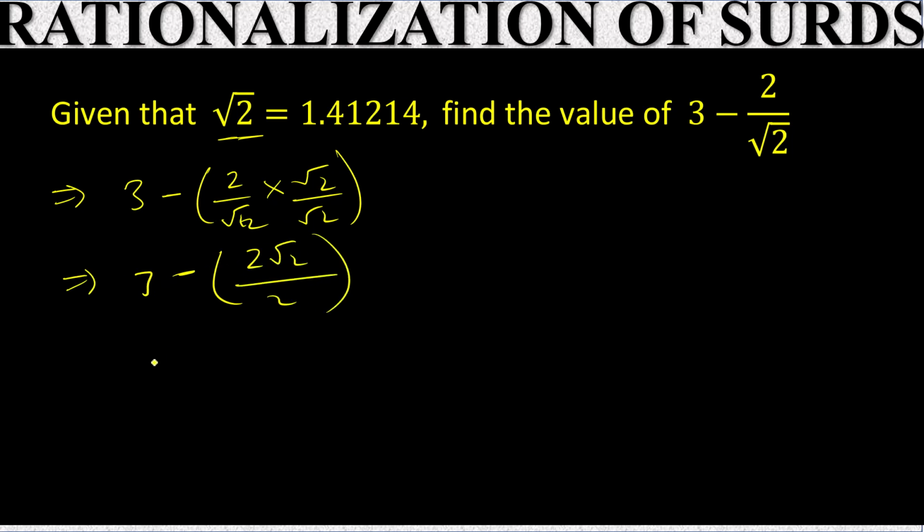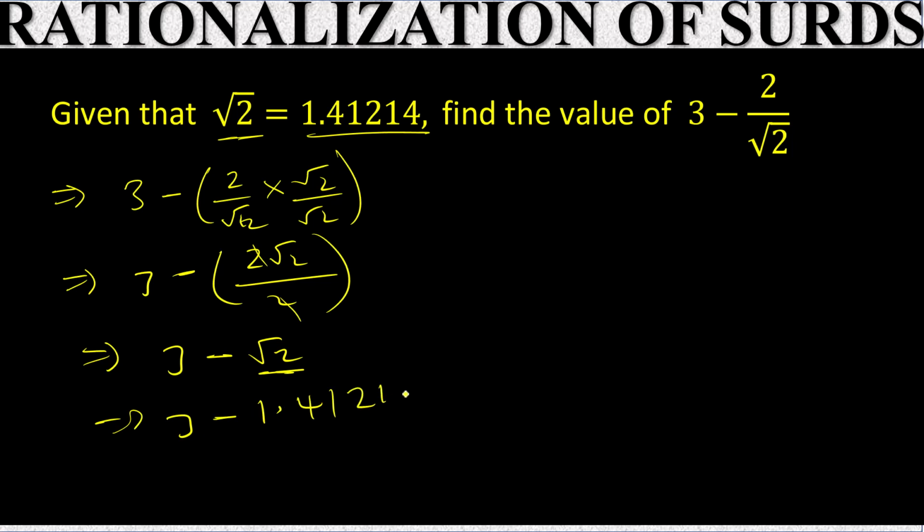That is very, very simple. So we have 3, now this one will cancel, 3 minus root 2. But root 2 has been given, so we have 3 minus 1.41214. So let's subtract.